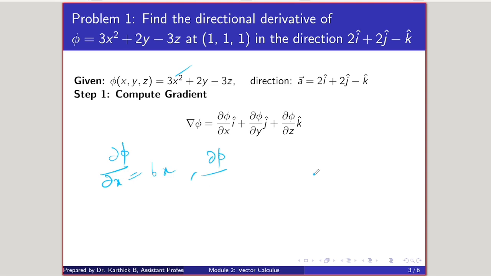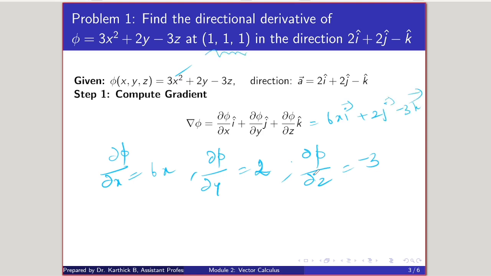And I will find dou phi by dou y, which is 2. Dou phi by dou z will be minus 3. So then I will substitute: 6x i vector plus 2j vector minus 3k vector.